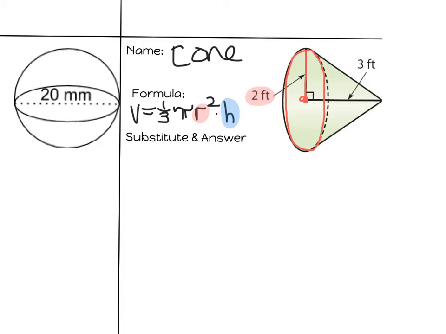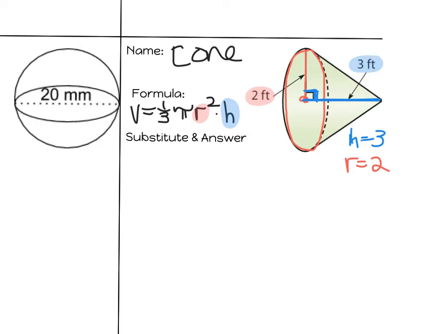Then our height, again, it has to be at a right angle, just like every other height in this unit, but it's at a right angle to the base, to where the circle part of the cone is. So because 3 feet makes our right angle, 3 feet is going to be our height. So we know h is 3, and we know r is 2.